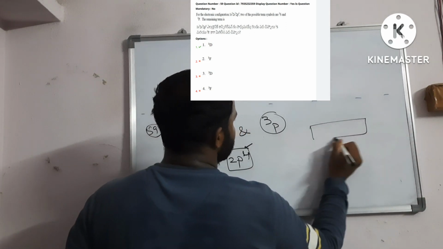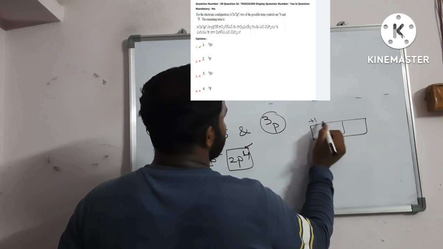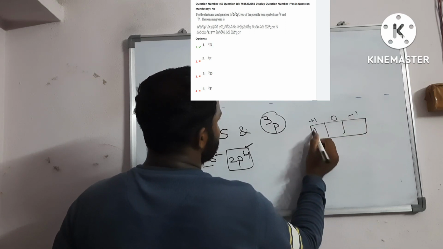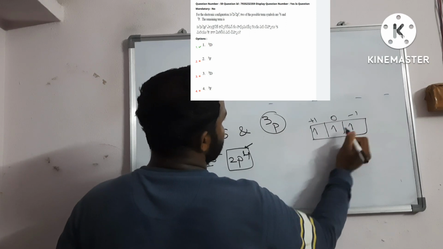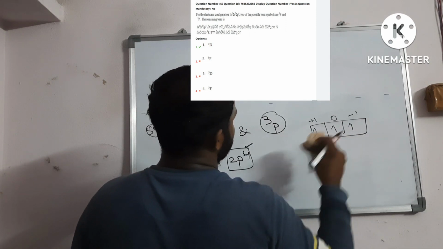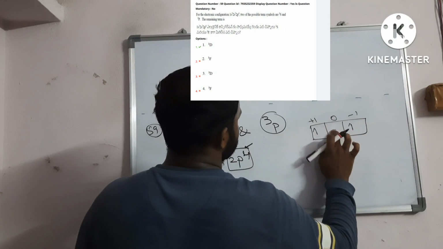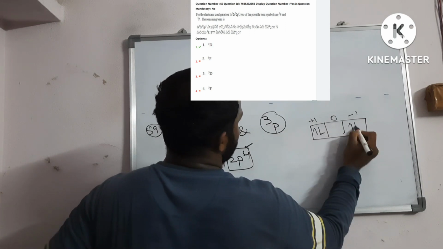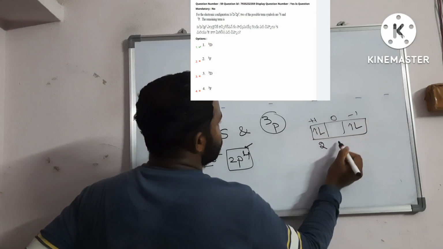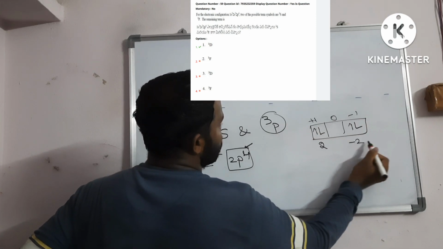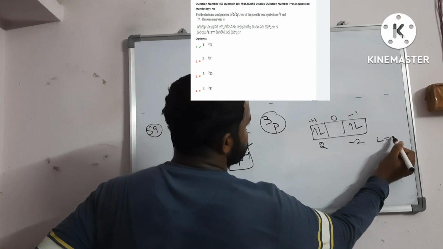If I take +1, 0, -1 with the 4 electrons, I am writing 1, 2, 3, and otherwise I will write like this, 4 electrons here. 1 into 2 is 2, -1 into 2 is -2. 2 minus 2, the L value, is 0.